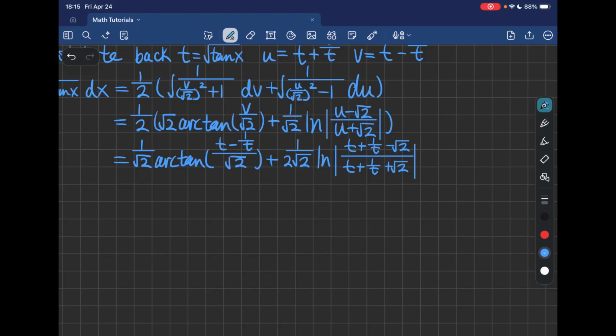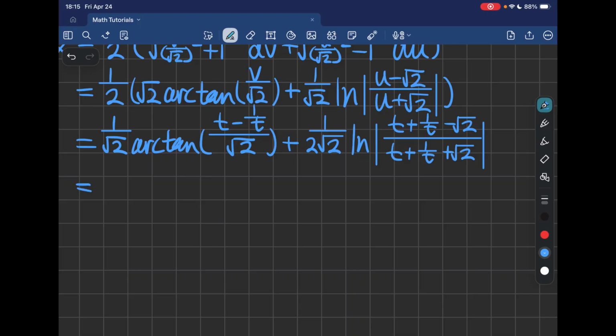We can make the top and bottom a bit neater. So let's say for arctan, let's multiply the numerator and denominator inside by t.